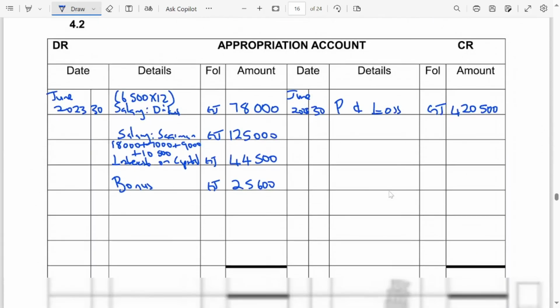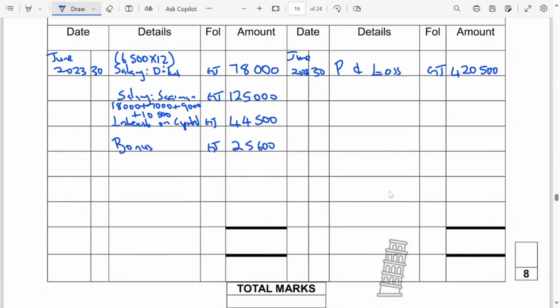So you can see that here the bigger side is the credit side. So we have to equate both sides with the bigger side. So 420,500. And then now we have to find the difference. So 420,500 minus 78,000 minus 125,000 minus 44,500 minus 25,600.